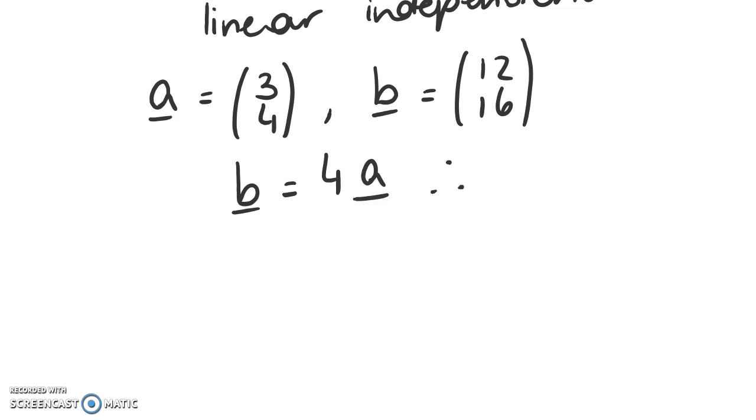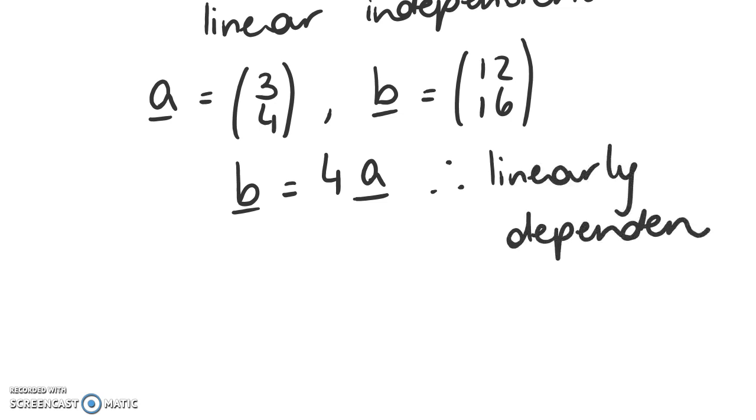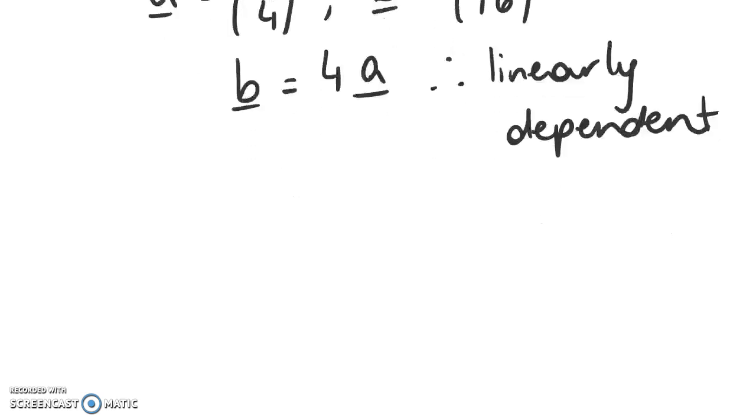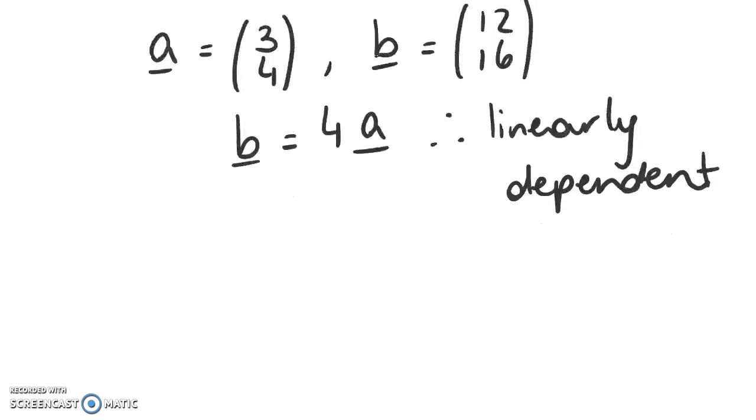And from that, we already know that they are linearly dependent. We can clearly see that there's a scalar multiple, so we're done. It gets a little bit trickier if we have more vectors, or if we've got higher dimensions in our vectors. So let's see the other way we can do this.